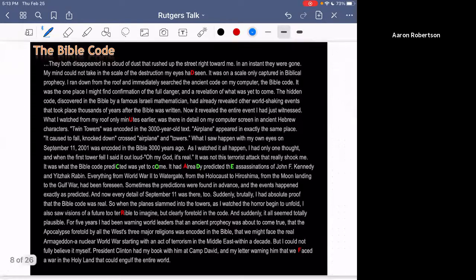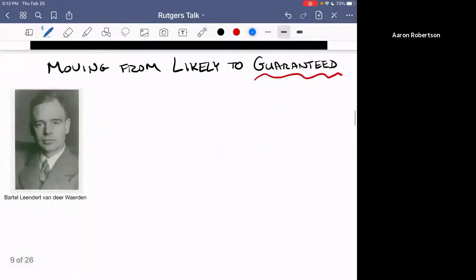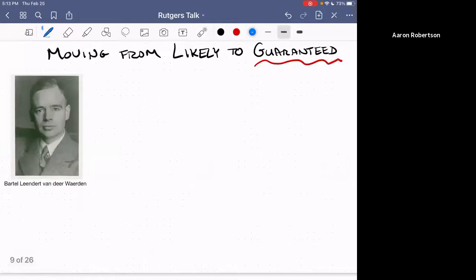That's what the Bible code boils down to. Okay, so a little bit of basic Ramsey theory. In the last analysis, we looked at expectation and how many times things were expected.